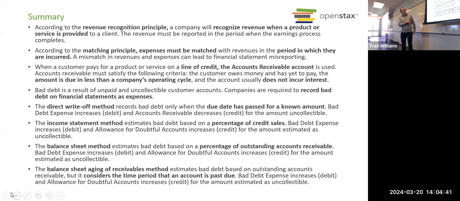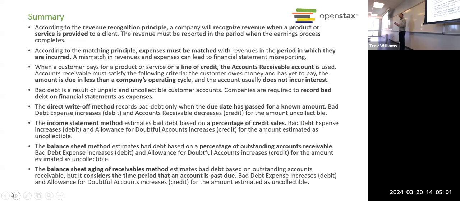Let's go ahead and summarize this chapter, and then we'll get to the exercise set, okay? All right, so revenue recognition principle, we know it tells us we can only count revenue when we provided the product or service.